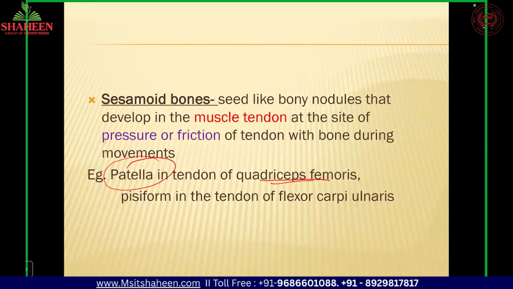So the patella is a sesamoid bone which is seen in the tendon of quadriceps femoris, and quadriceps femoris is a group of muscles on the anterior aspect of your thigh. And the pisiform, I already said about it. It is a carpal bone which is seen in the tendon of flexor carpi ulnaris.